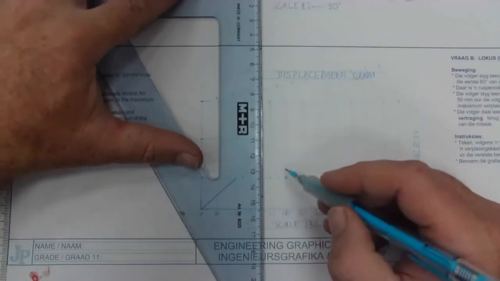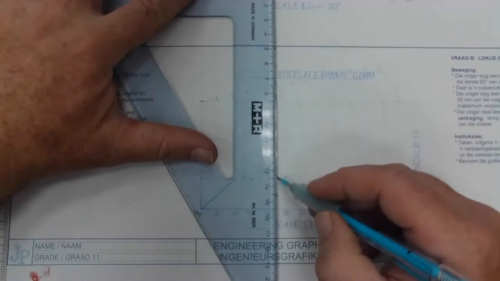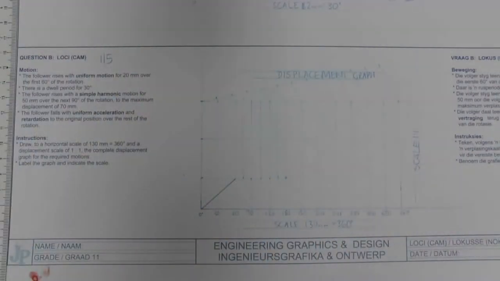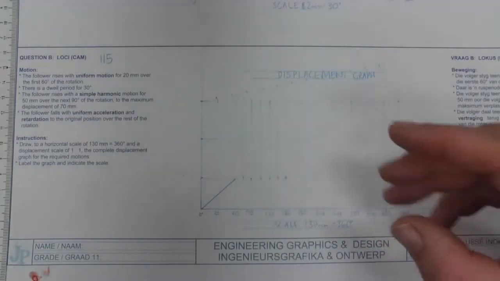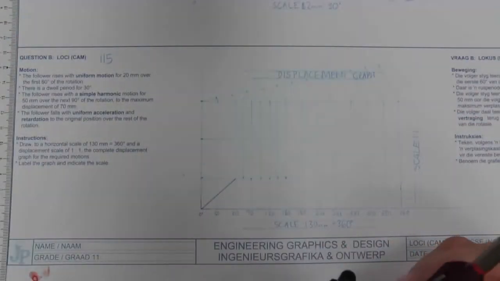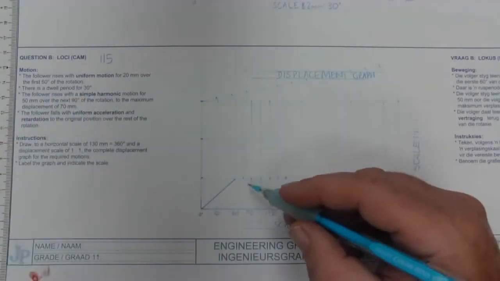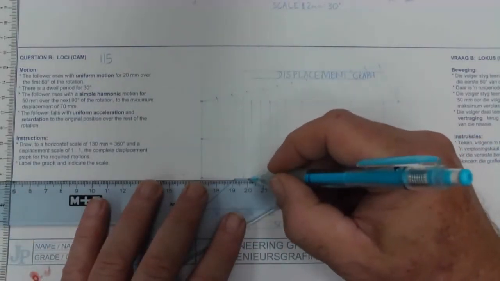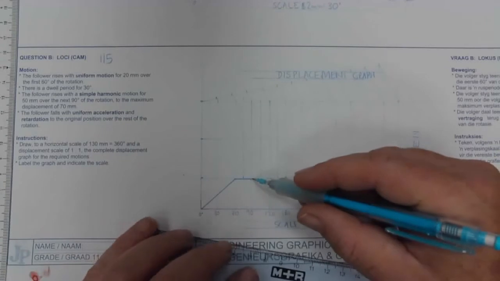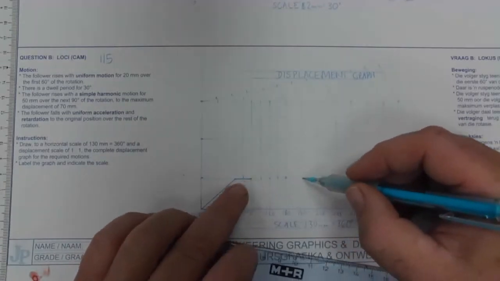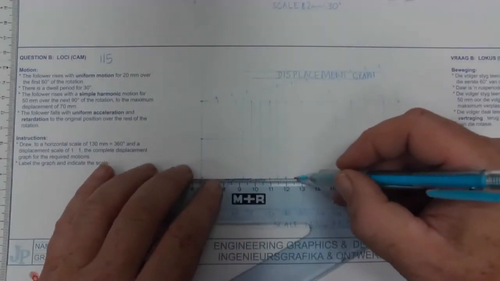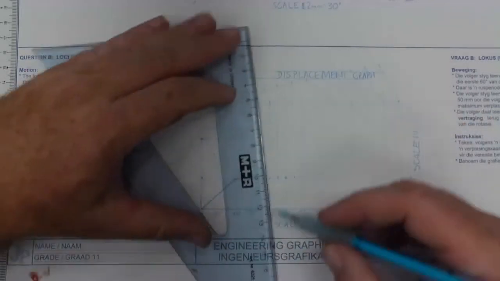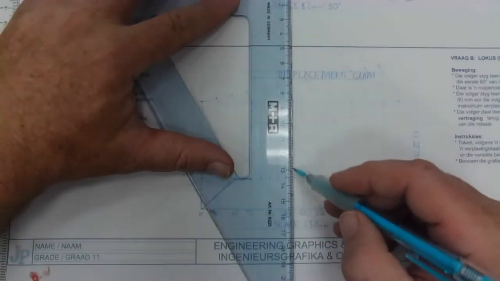So this is for my simple harmonic motion. There are the points. We know that it's rising 50. My apologies, let me just go back here. There's a dwell period for 30 degrees. So I've mixed that up here. So there's my dwell period. Then I've got 30, 60, so it needs to go up to here for my simple harmonic motion.